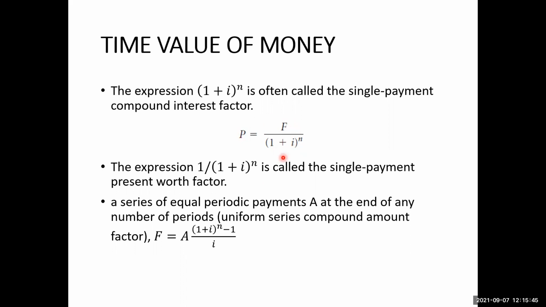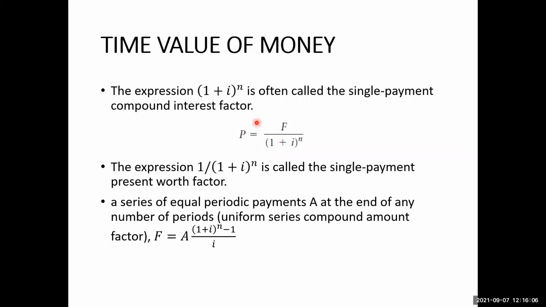For example, if you are going to get $5,000 in 5 years from now, what is its present worth at an interest rate of 10%? We can get it from this formula, the single payment present worth factor.